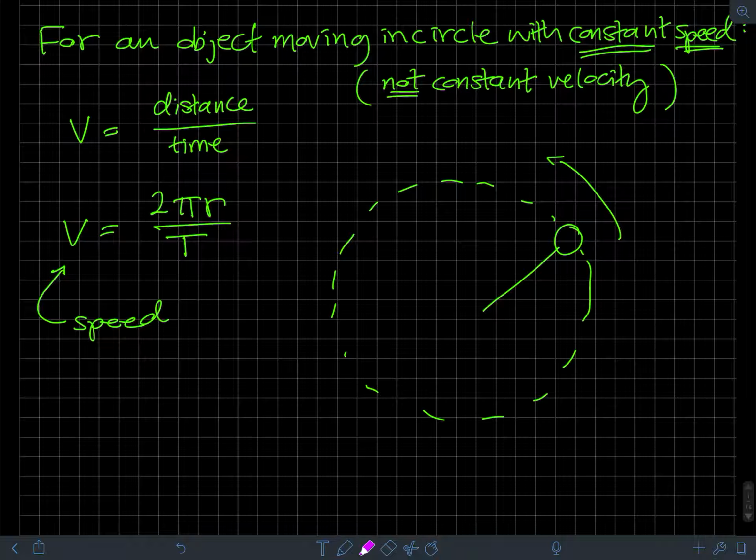And then the period is how long it takes for that one rotation to happen. So this is a really handy expression for figuring out the speed of something going in a constant speed circular path. One of the things we're going to apply that to in a later lesson is circular orbits, the orbits of planets and even stars.